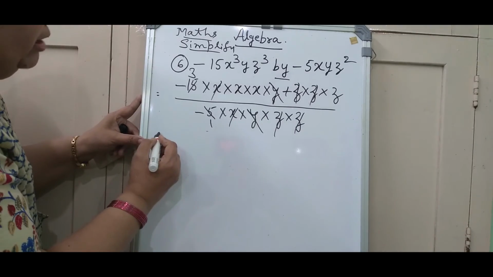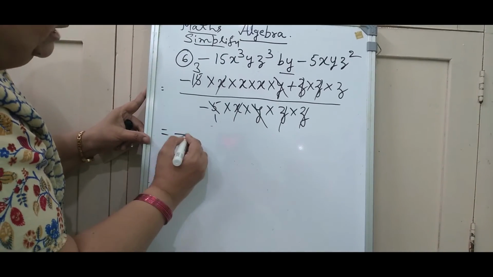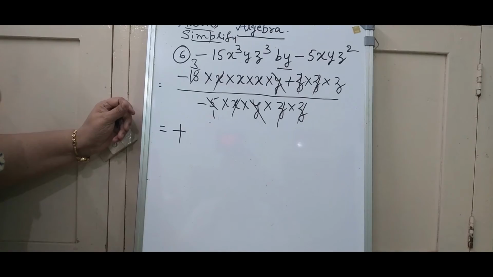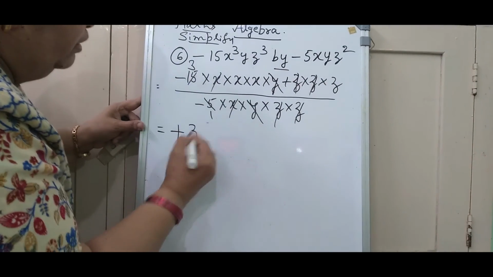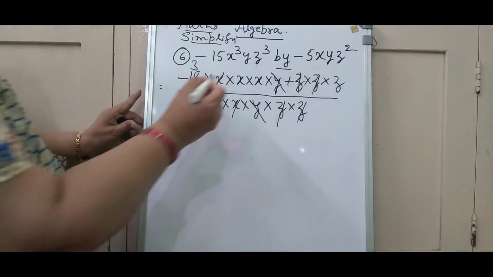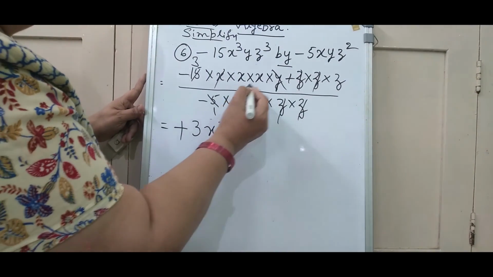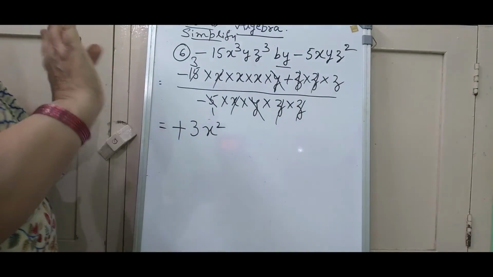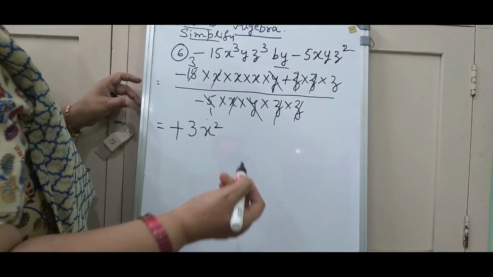And here what is the answer? I told you minus divided by minus will be plus. We can write plus also. Plus 3 is the number there. And again x into x will be x square. Again, what is remaining? Y is cancelled. So don't write the term y. Only one z is remaining there.